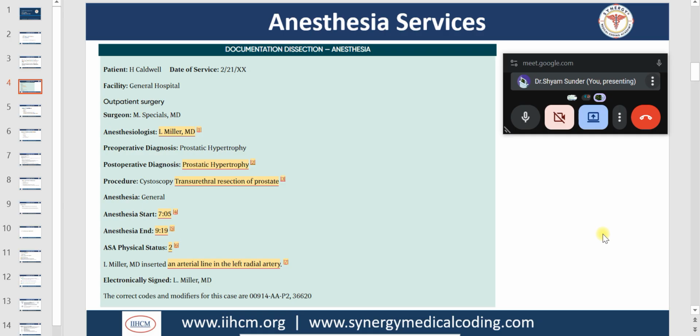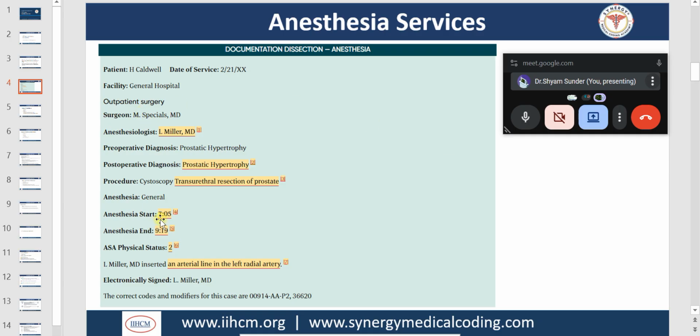Open record means it is still under the documentation process, documentation is not completed. Once all these fields are completed and the anesthesiologist puts a signature, that is called a closed record. That's when these records will reach you.